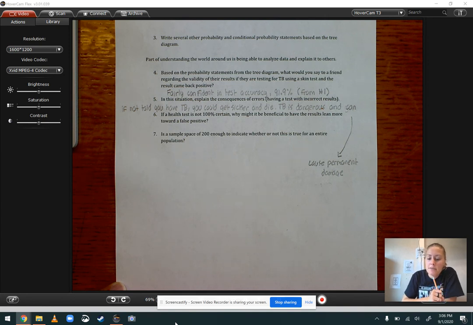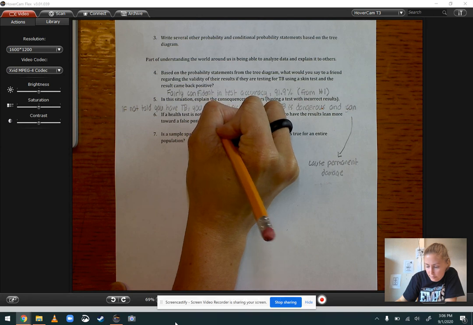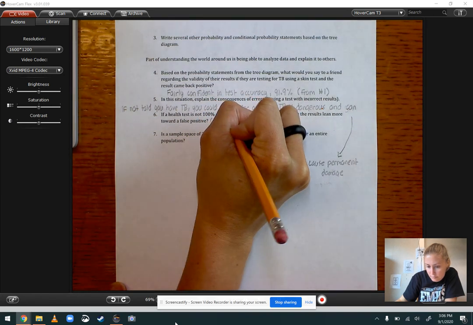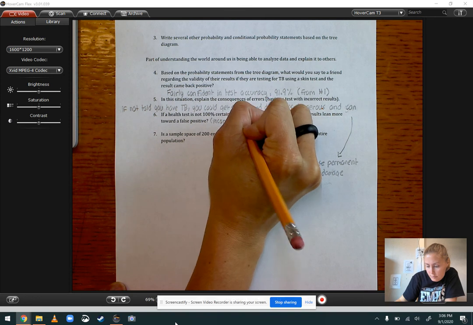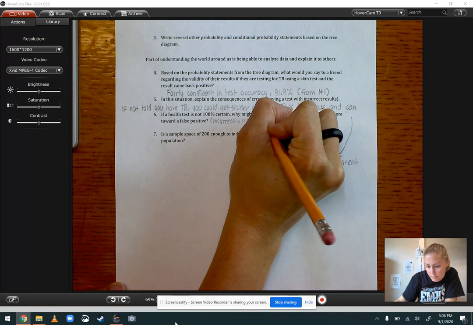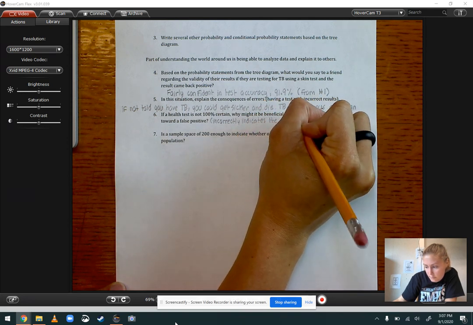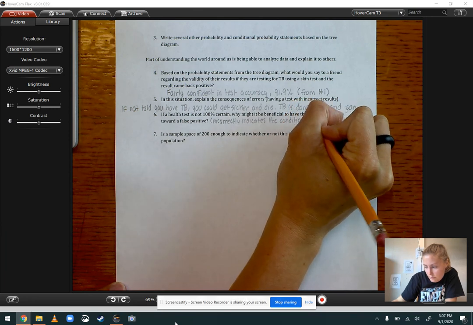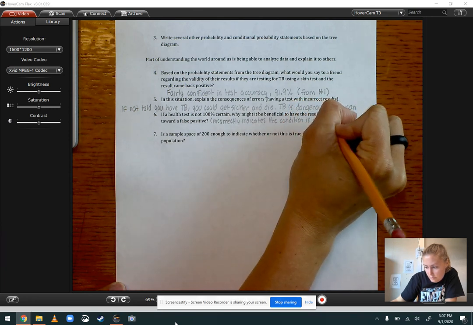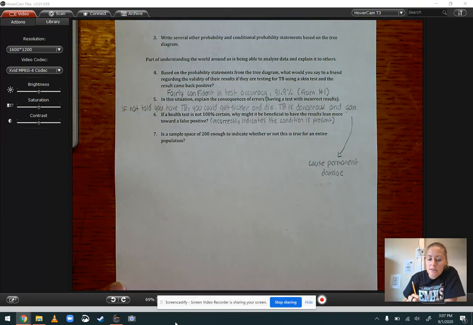So false positive is when it incorrectly indicates the condition is present. Chances are the test is right and people could seek help.